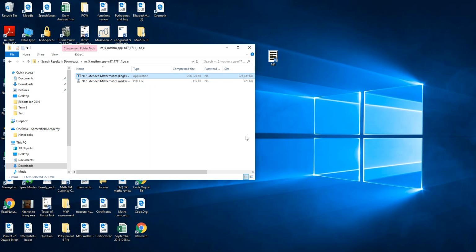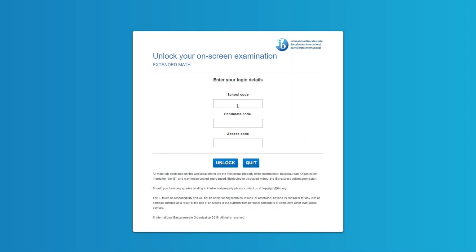So this is November 17, the mock that the M5 did just after Christmas. We're going to start off with question 1 and work our way through. Code is A, B, C, 1, 2, 3.